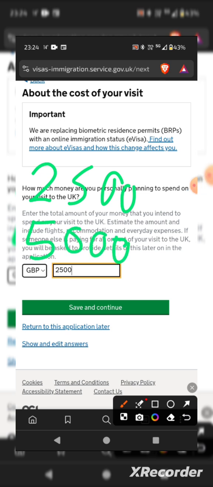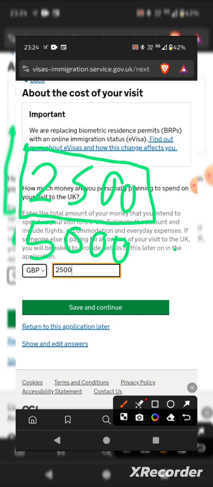Why? Because they'll check your bank statement. It would be unrealistic to have 2,500, travel to the UK and spend it all. Since you say you spend 2,500, it means you are either coming to the UK to work or for a different reason. If you are coming on a visit, you cannot spend all of your money.